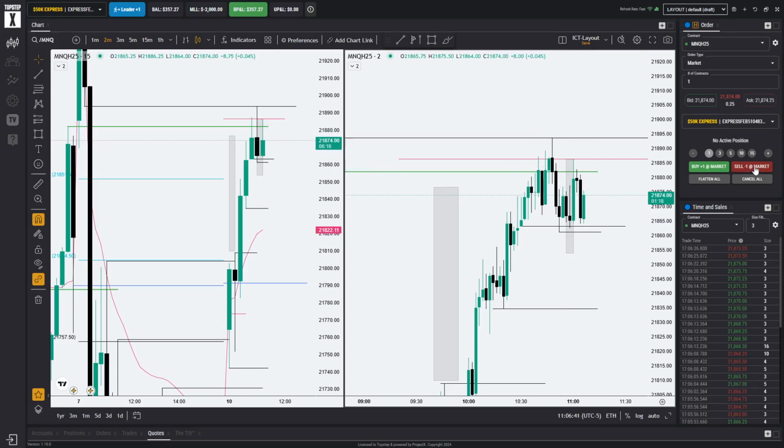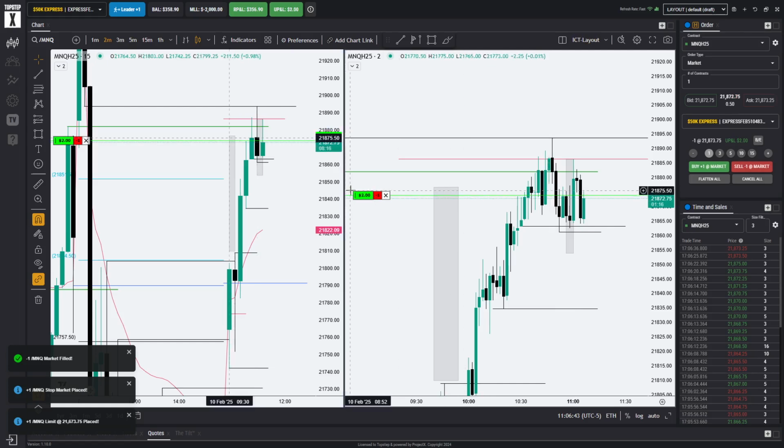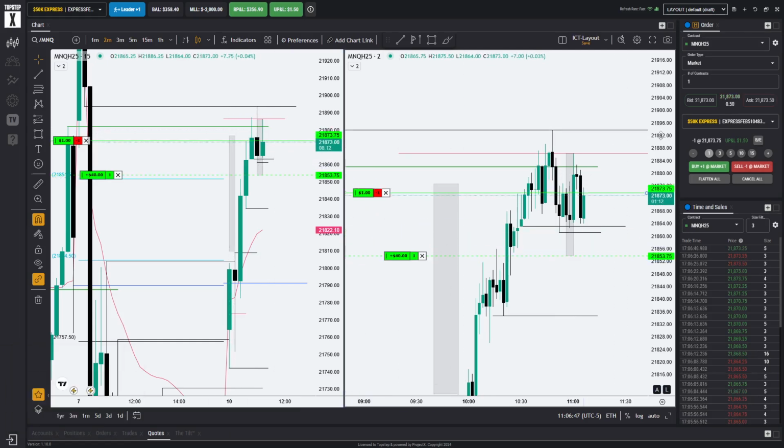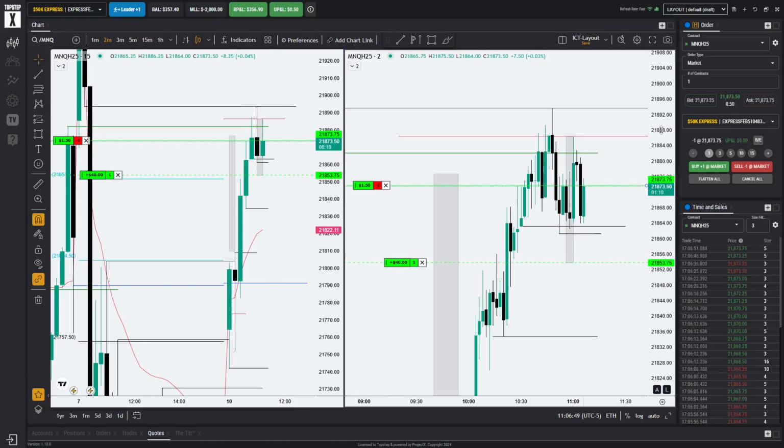So I'm thinking I want to go short. Order filled. The liquidity down here again. We are reversing. Short into basically this 5 minute.